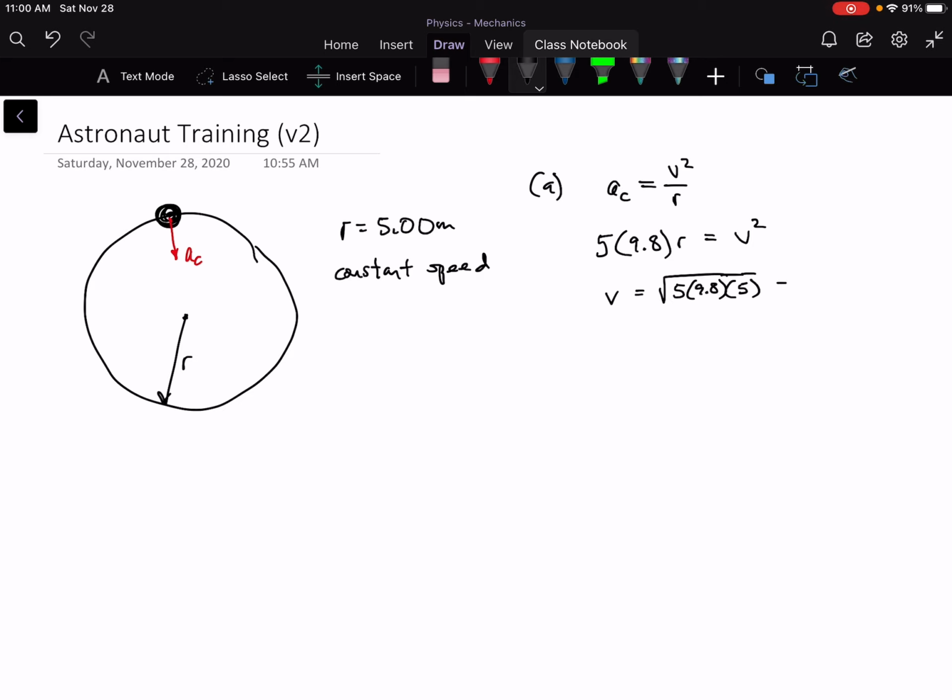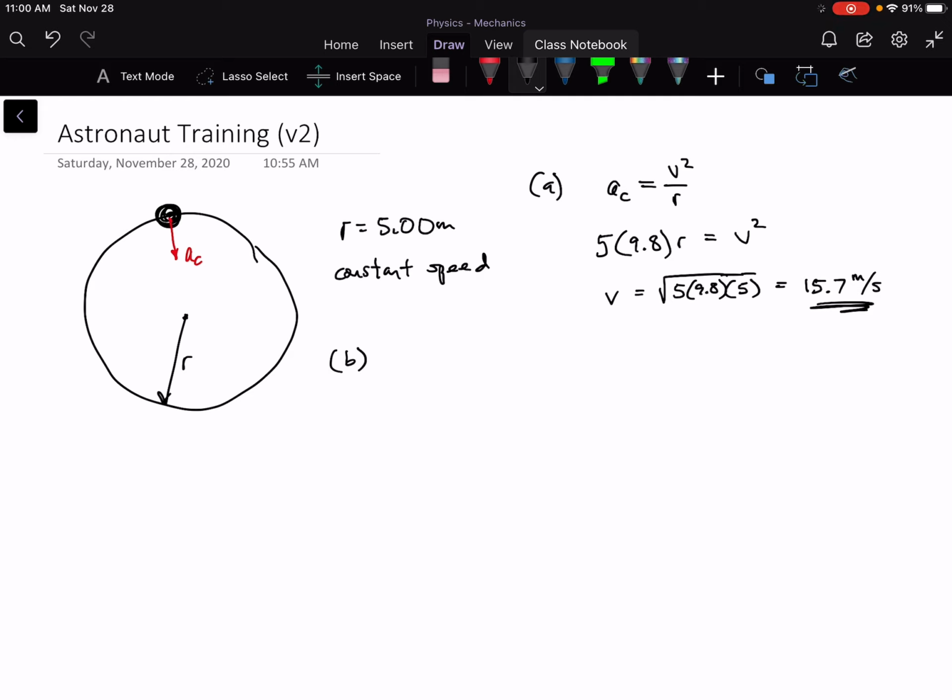Then we just need to type that into our calculators, and when you do, you get about 15.7 meters per second.